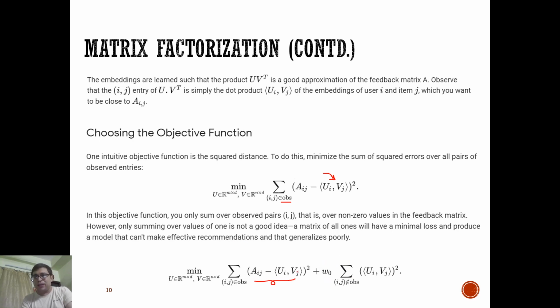This also has the same form, but here, as the rating is 0, it is not mentioned. This is what we are trying to minimize, and W0 is how much weight you give to this type of deviation. So this can be thought of as a hyperparameter.